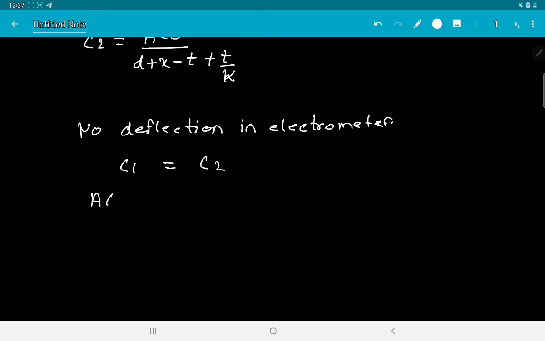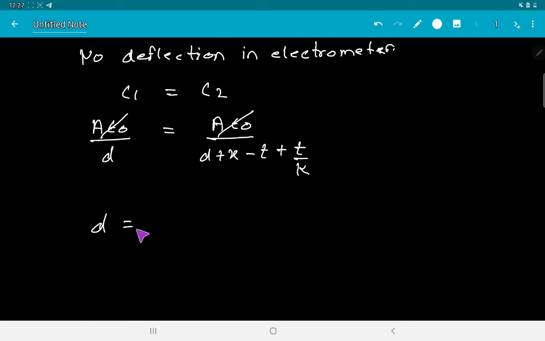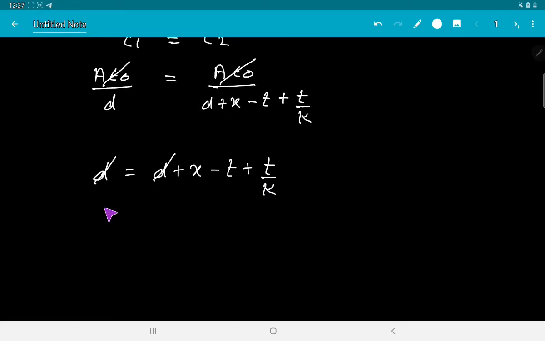That means A epsilon naught by D will become equal to A epsilon naught by D plus X minus T plus T by K. So this A epsilon naught will cancel and we will get D is equal to D plus X minus T plus T by K. We can cancel this D also, therefore we will get 0 is equal to X minus T plus T by K.